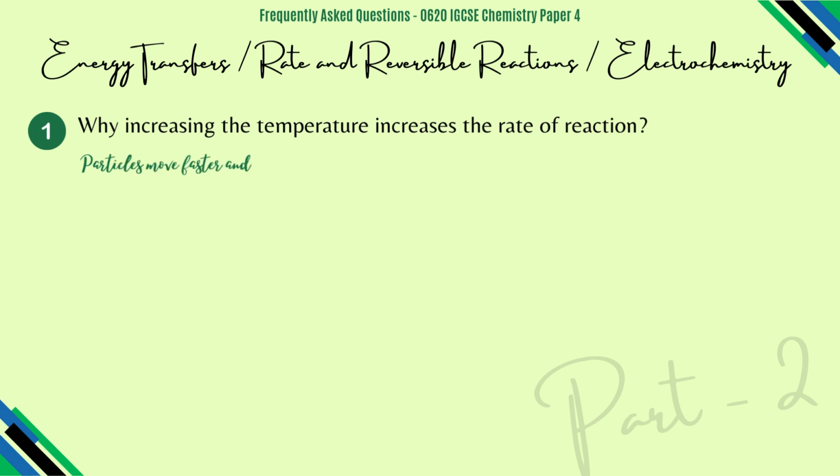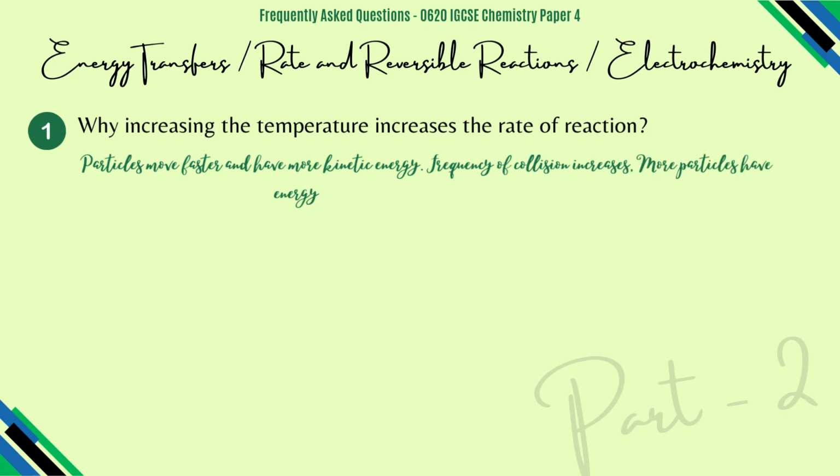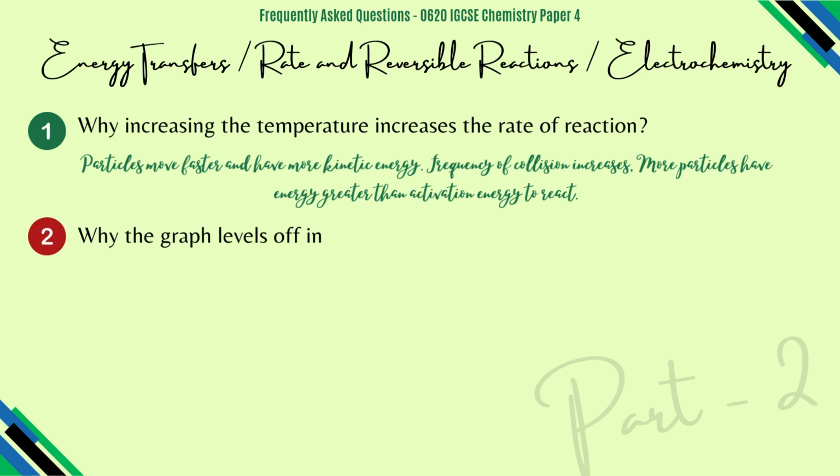Increasing the temperature increases the rate of reaction because the particles gain kinetic energy and start moving faster. When the particles move faster, they collide more often. The frequency of the collision increases. More particles have energy greater than the activation energy, and hence they react faster. The products will form quicker.